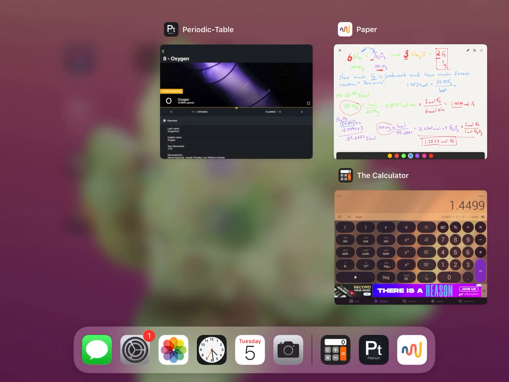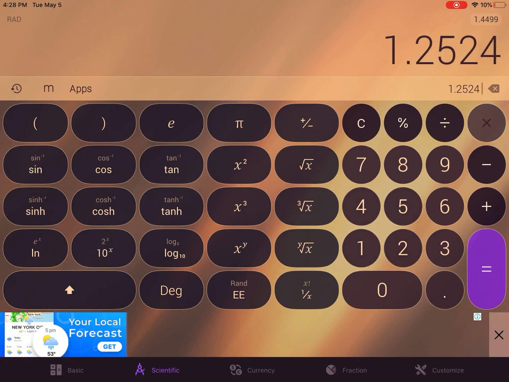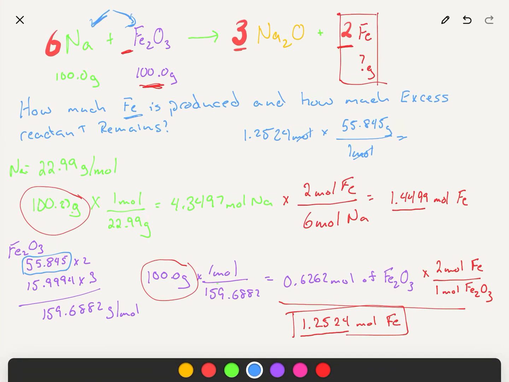And we get 69.64 grams of iron will be produced. Okay, so that's all fine and dandy. That answers the first part of our problem, right? How much iron is produced.